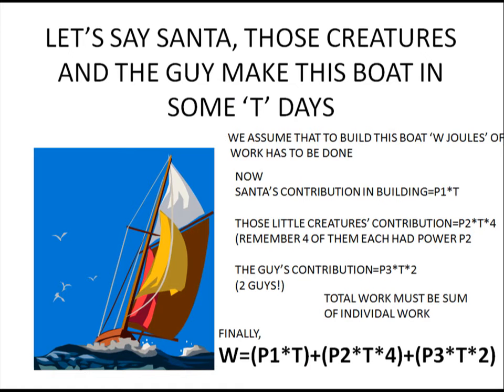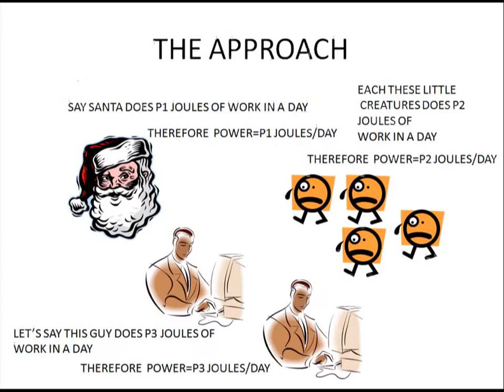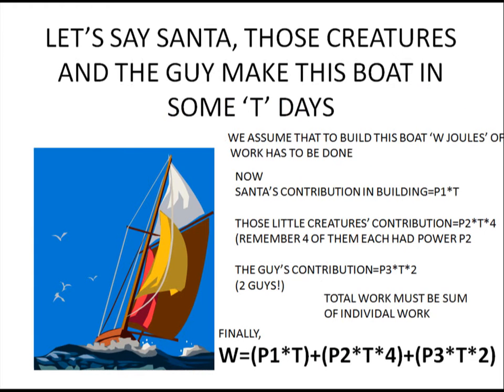So let's assume that all three of them, or rather all 7 of them, you see one Santa, 2 people and 4 little creatures, build a yacht in some 3 days.